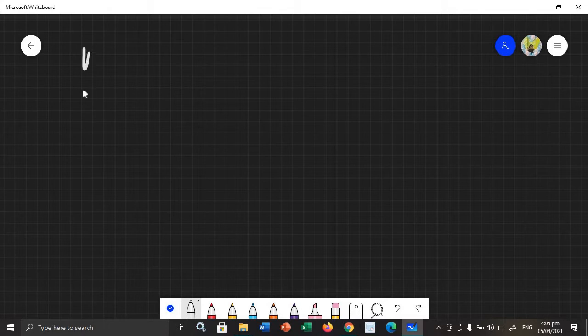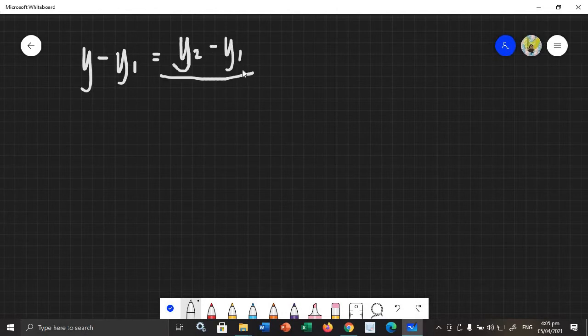So, the two-point form is the equation in this form. We have y minus y sub 1 is equal to y sub 2 minus y sub 1 all over x sub 2 minus x sub 1, and then times quantity x minus x sub 1.